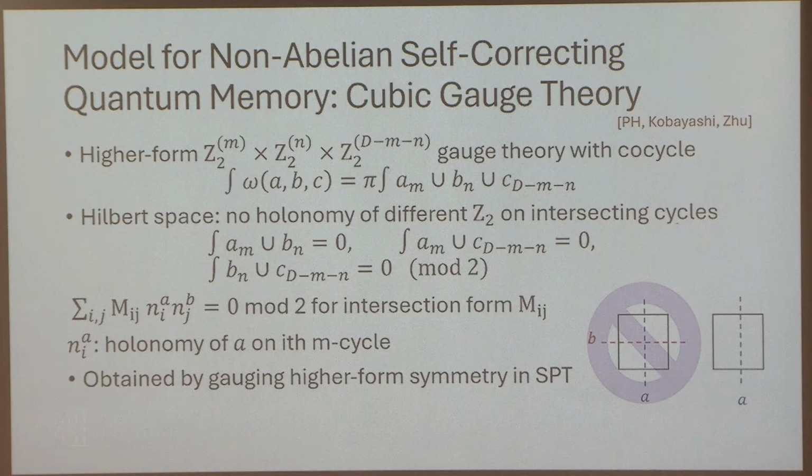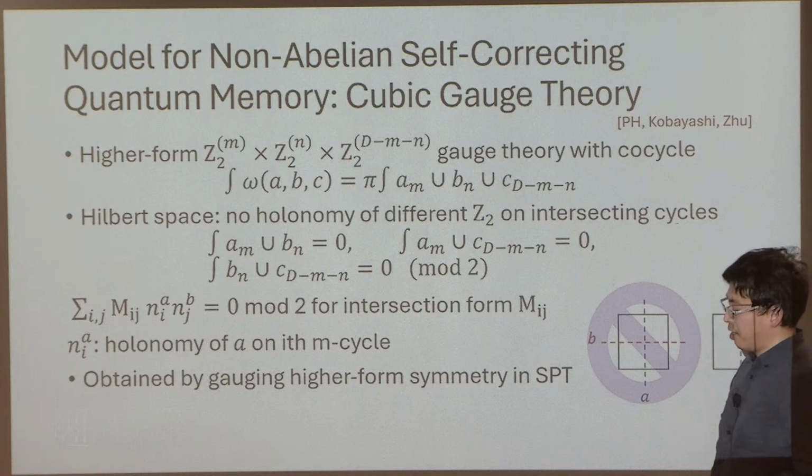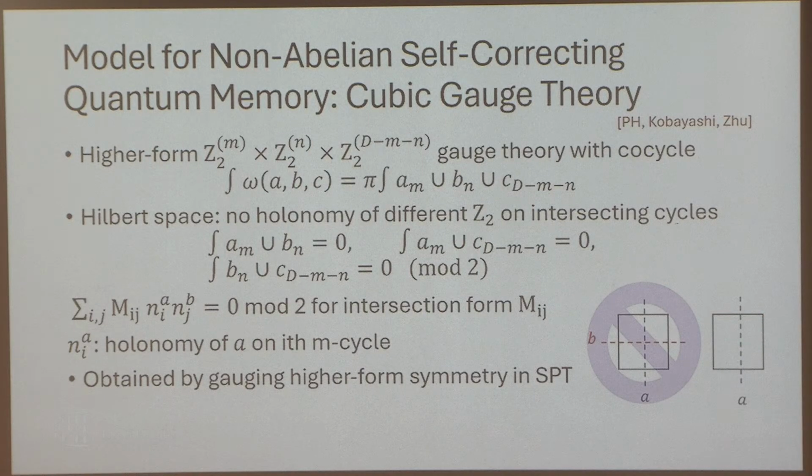The consequence of those co-cycles is that the ground state is no longer 3 copies of the toric code ground state, but rather there's a selection rule on the correct ground state. Some of the ground states in 3 copies of the toric code are no longer ground states in this twisted gauge theory with co-cycle.